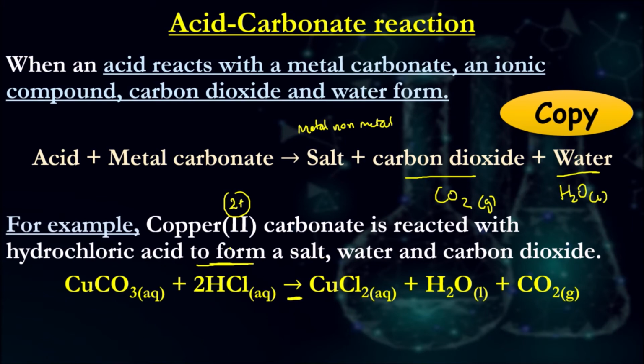We have copper 2 carbonate here. For those who want to know how we get that, copper is 2+, carbonate is CO3 2-. You can see the charges are identical, so you just combine the two symbols together, and that's what you get.